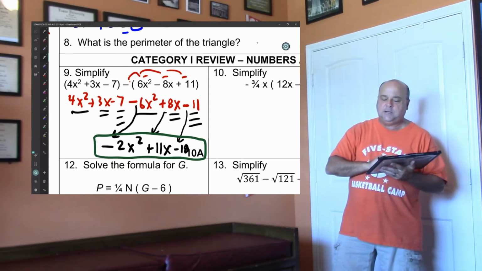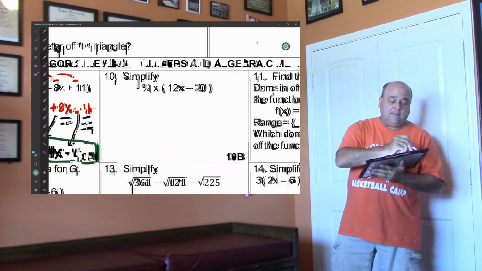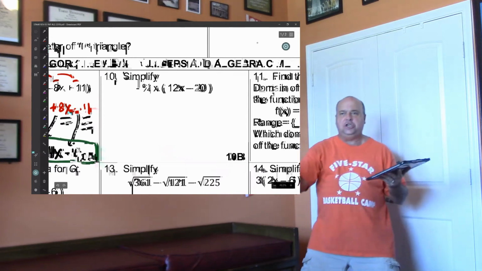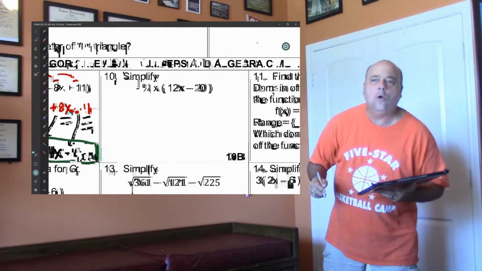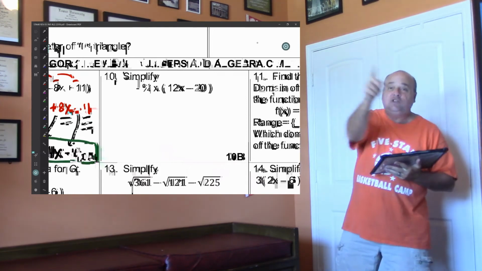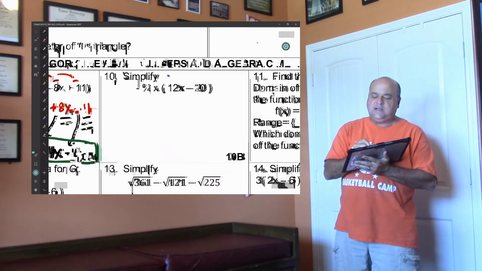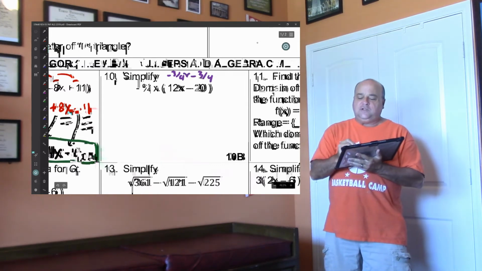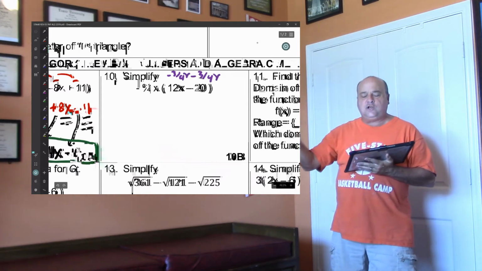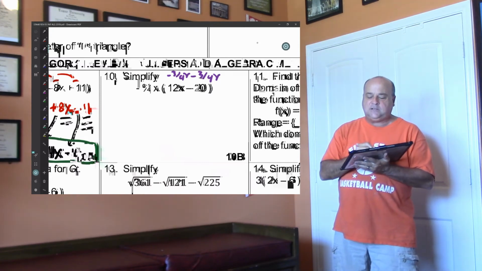Let's go to number 10. First time y'all have bluebell trucked a fraction. Having a bluebell truck fraction gives you more power. So let's bluebell truck this negative 3/4 x. And we're going to do sign, number, letter, right? We're going to do that twice. So a negative times a positive is a negative.